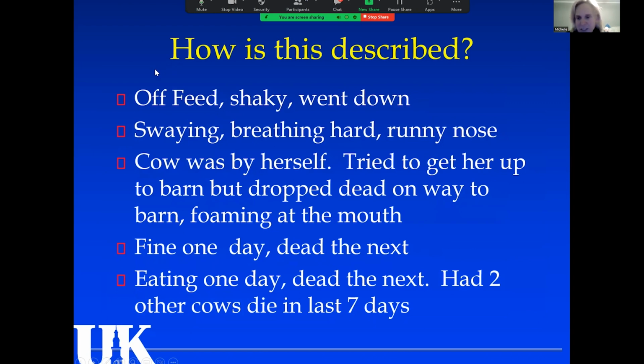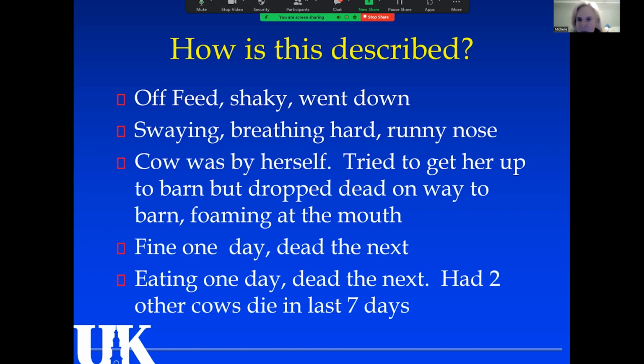How is this actually described by producers? So I wrote down some of the clinical history on the animals brought to the lab with these hemolytic anemias. It'll be off feed, shaky. She went down. She was swaying, breathing hard, had a runny nose.